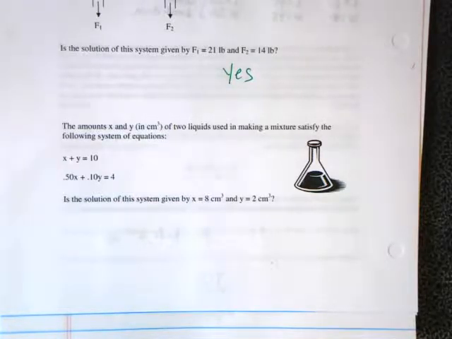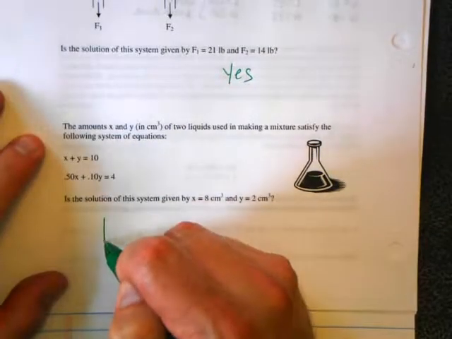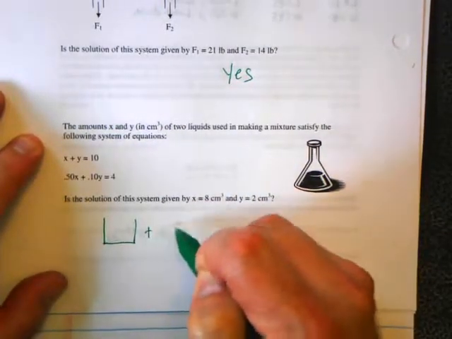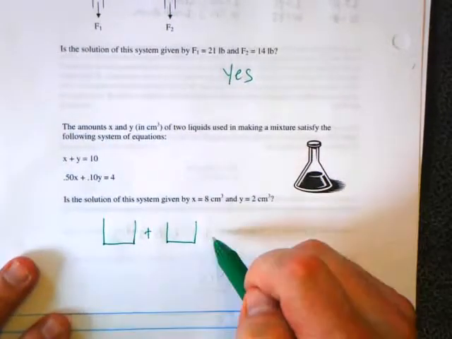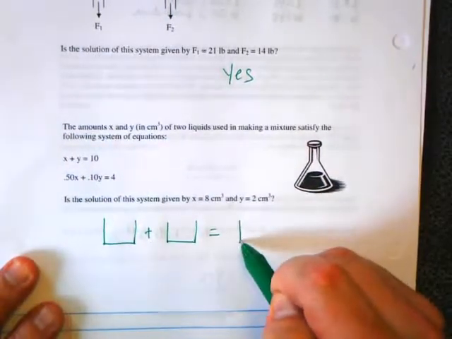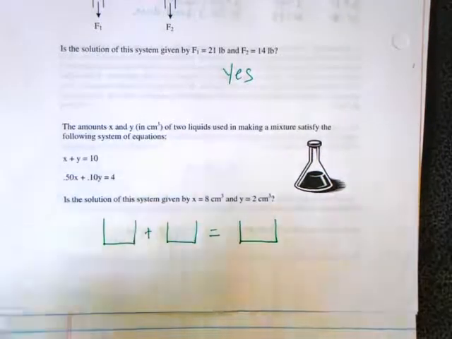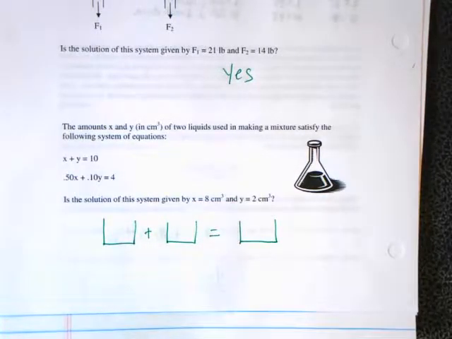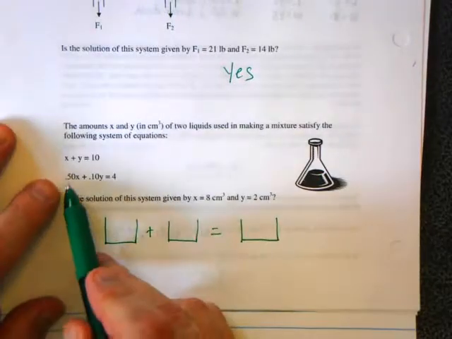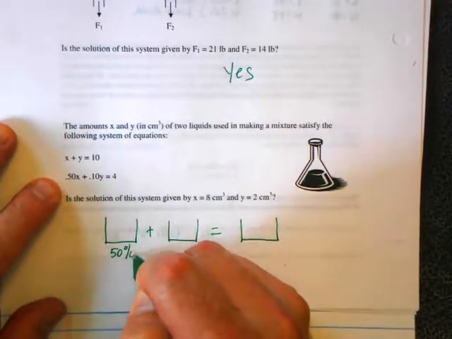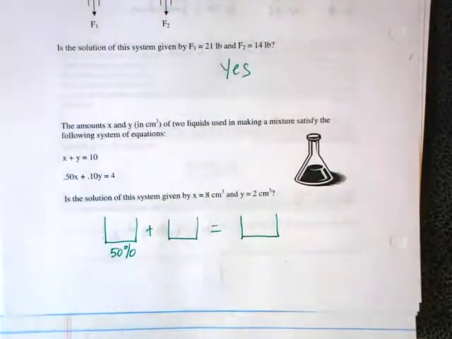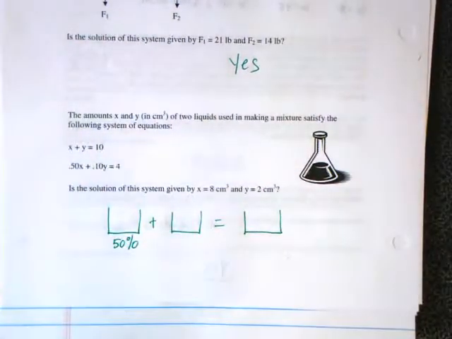Yeah, this one's a little harder. What you have here is, I like to think of this as, you have two beakers of solution, and you're dumping one into the other, and you're coming up with a final solution. So what's happening here is this first beaker is a 50% solution. I don't know what kind of solution it is. Let's call it an acid.